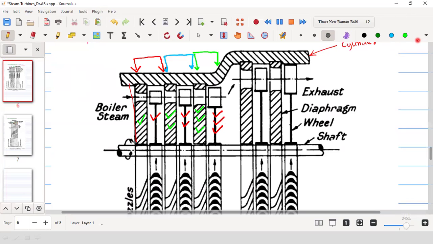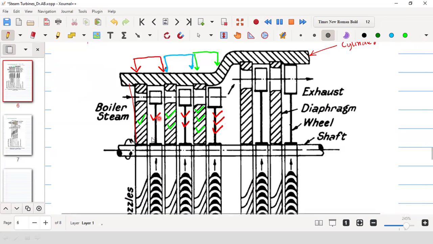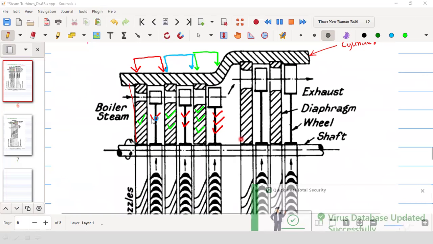Now you see that wheel 1, wheel 2, and wheel 3 are separately connected to the shaft. They are not a common wheel, right? And they are separated by a diaphragm, right?